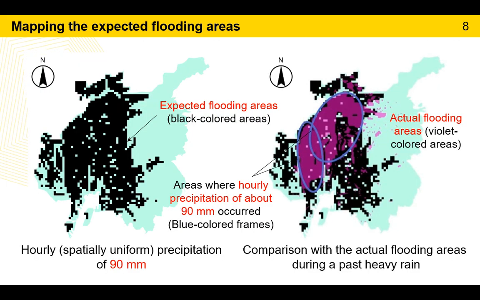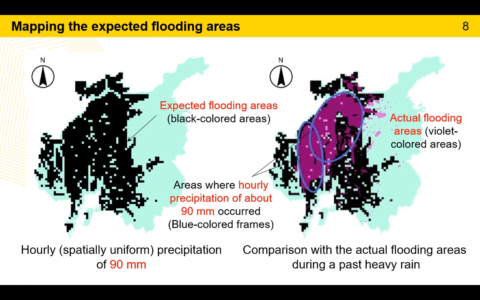This is a result. The left figure shows the expected flooding areas, that is, the black colored areas, in case of hourly precipitation of 90 millimeters. However, please note this result assumes spatially uniform precipitation. The right figure shows the comparison with the actual flooding areas during the past heavy rain that occurred in the target area.